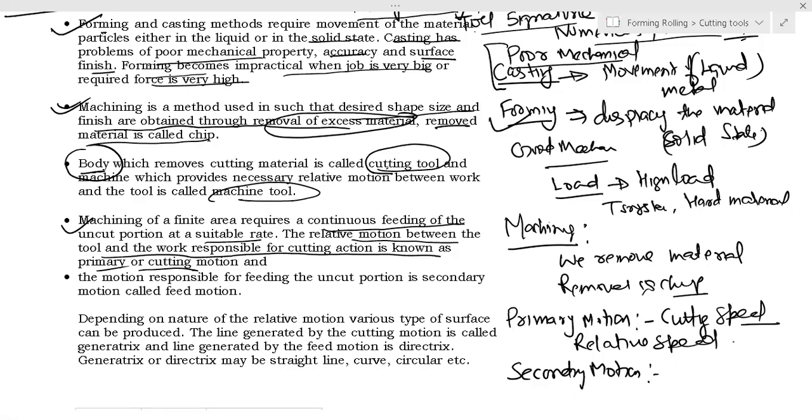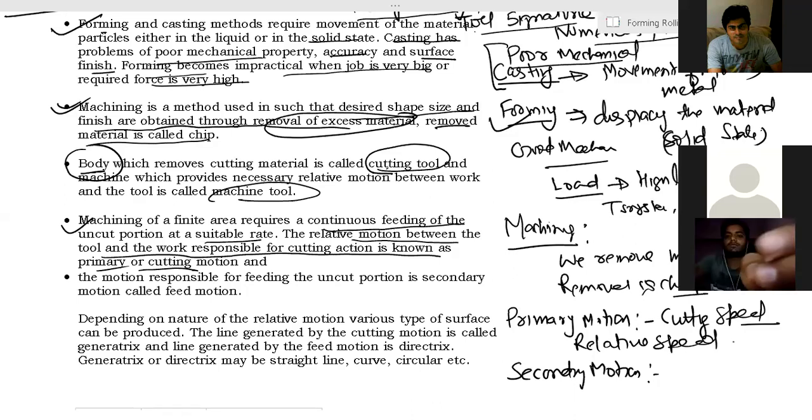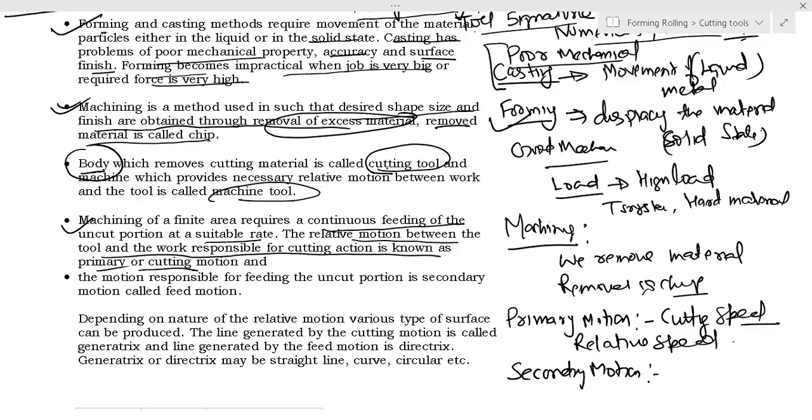From the geometry, we'll understand how chip velocity is related to the cutting velocity, and how shear velocity is related to cutting velocity. All these three are relative velocities. I'm talking about the primary speed in a machining operation: that primary is your cutting motion, cutting speed, and that cutting speed is your relative motion between tool and workpiece.